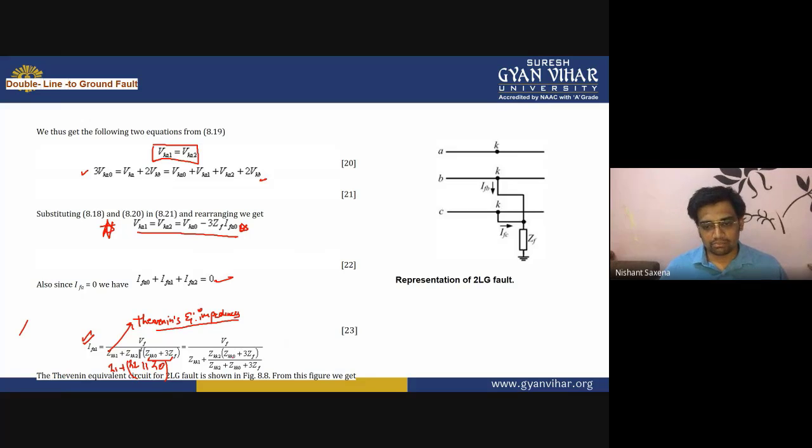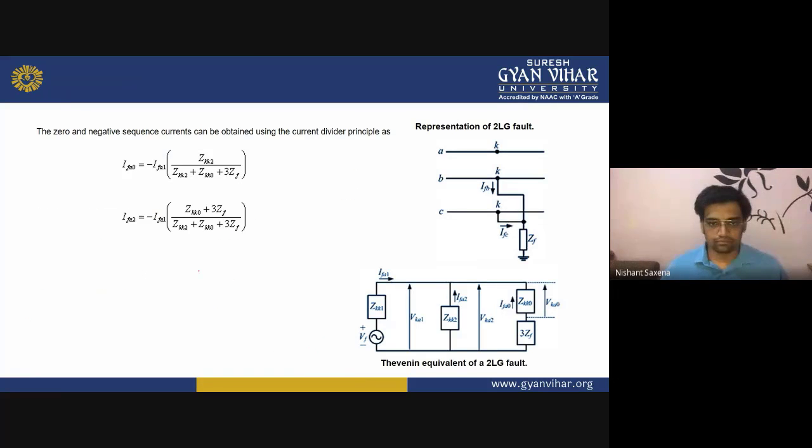So when I open this, I will be getting this equation as number 23. Now the Thevenin's equivalent circuit which is being figured, we will get it like this. That is your IFA0 is this and IFA2 is equal to minus of IFA.